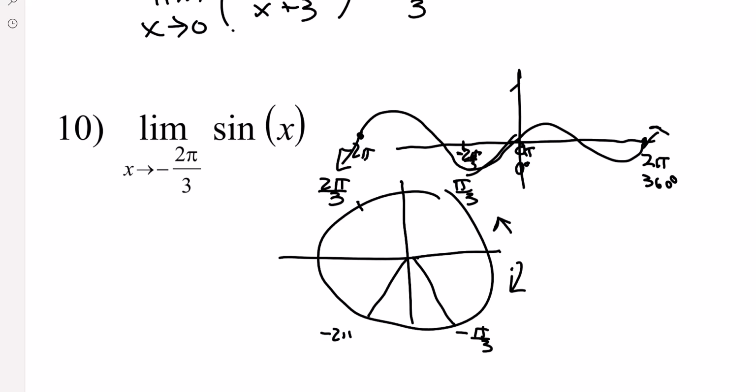This would be -2 pi thirds. And remember on the unit circle, at -2 pi thirds, the x value would be -1/2. The y value would be -√3/2.